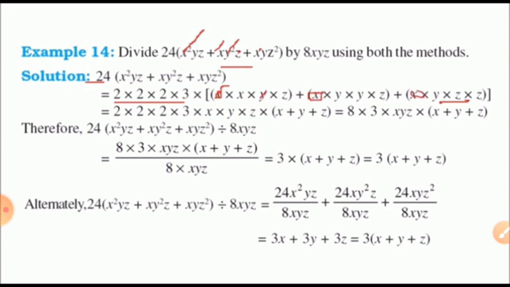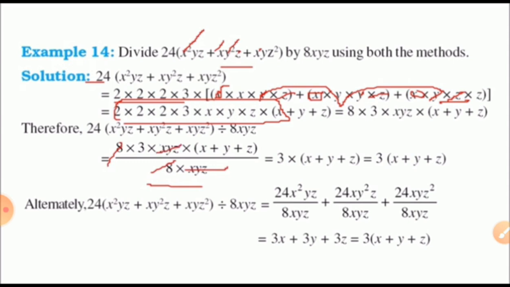Taking each term, 8xyz divides all: 24x square yz and 8xyz, 8 threes are 24, then xyz cut, x will be left. Same way 24xy square z gives 3y, and 24xyz square, same one is here.